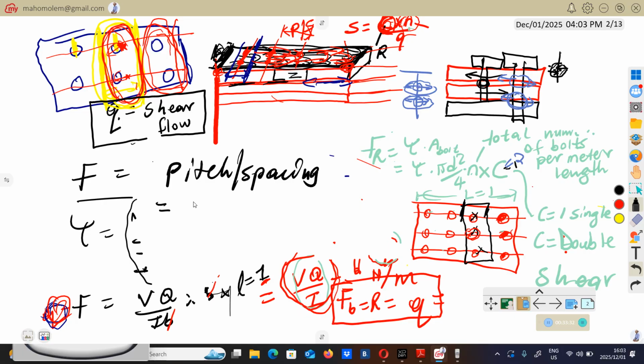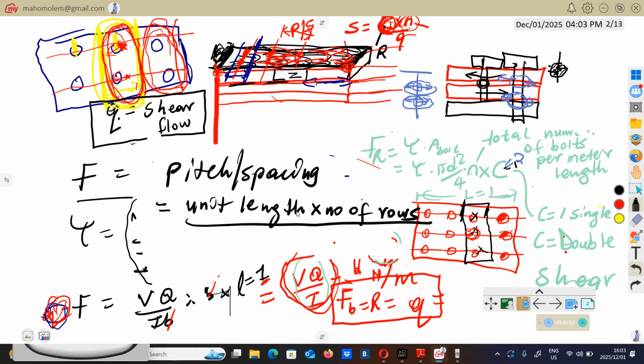You can use unit length multiplied by the number of rows divided by n. So this n represents total number of bolts.